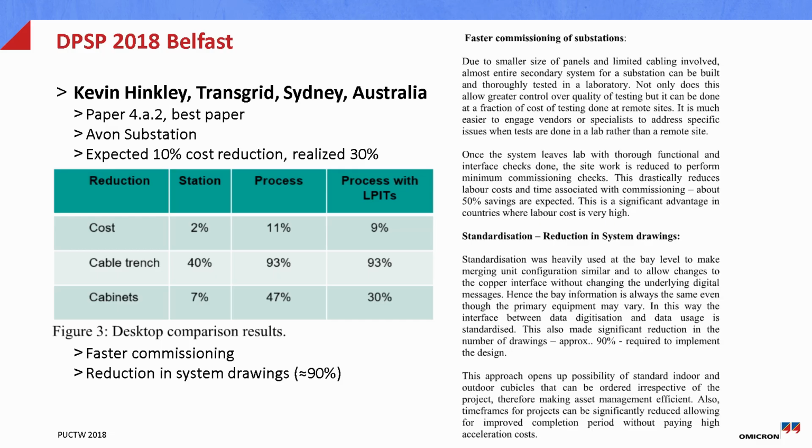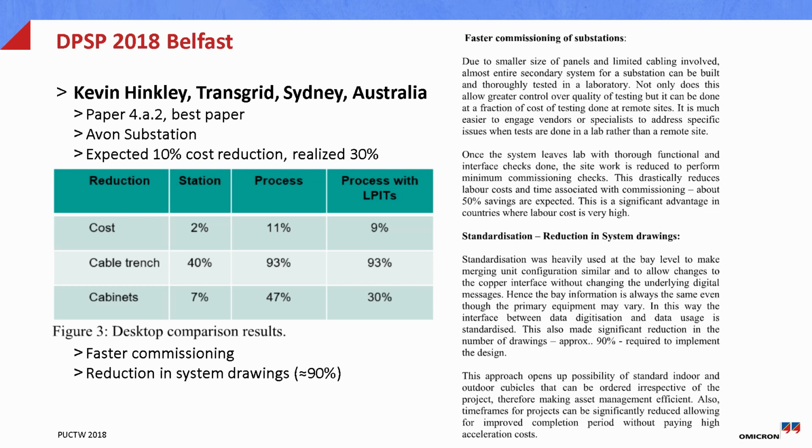We were there. I've seen his lab, where he really put equipment from 3 vendors on the table, and for many months they evaluated all the aspects that they found interesting for going for such a digital substation project.